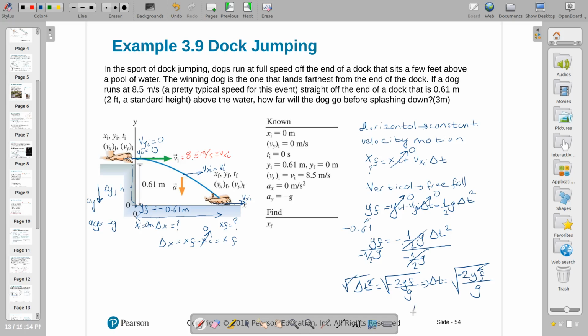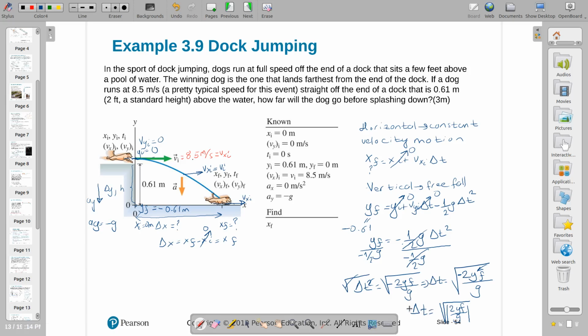So you can always feel free to remember this equation. If y initial is 0 and vy initial is 0, this equation will always hold. You can go with the absolute values of 2 y final over g, and that will give you the time. You don't have to worry about negativity because it will always turn out to be positive, as it should be, because time is always positive.